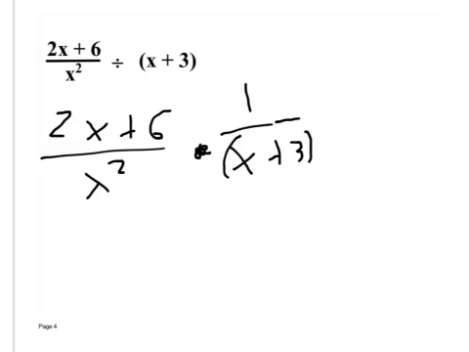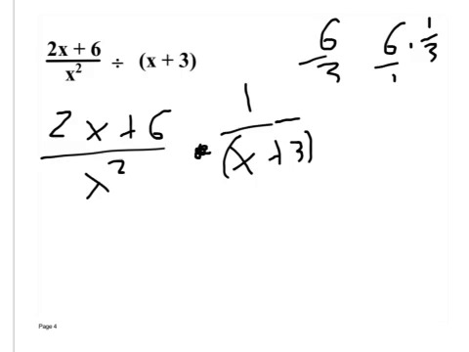Because, let me ask you this. What is 6 divided by 3? 2. What is 6 times 1/3? 2. Isn't it the same thing? 6 divided by 3 is the same thing as 6 times 1/3.